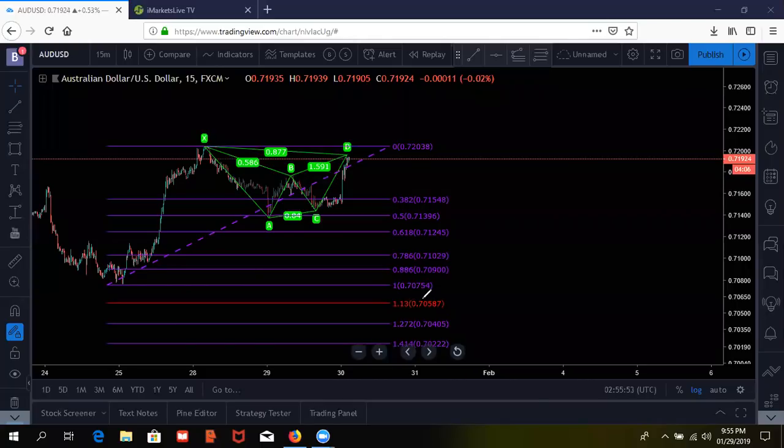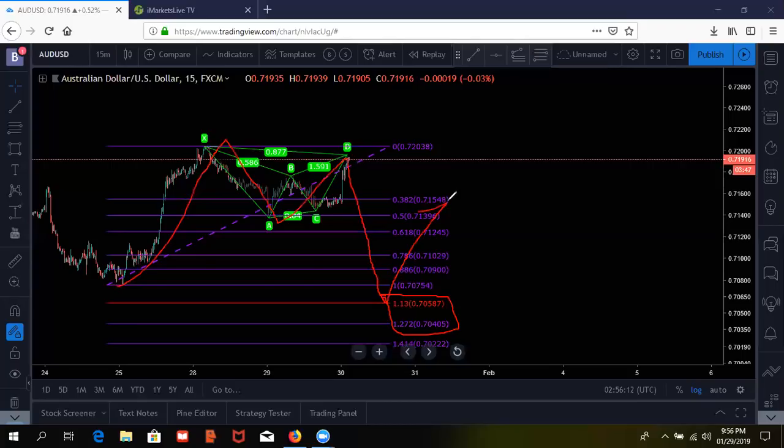I know that this zone right here is where I hide my stop loss. Because sometimes price will complete the harmonic pattern, and then it'll come down, touch it, and then take off in the direction that you wanted to go in.